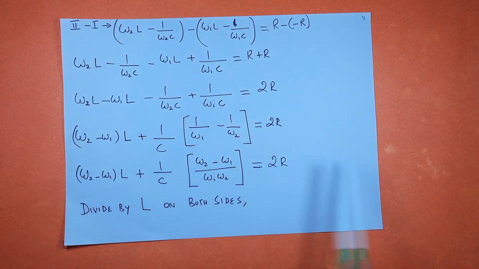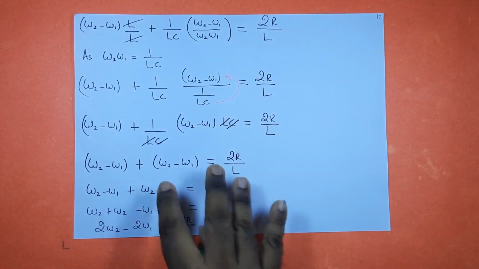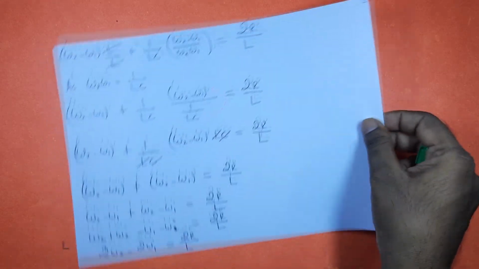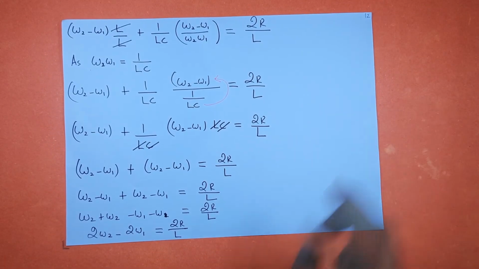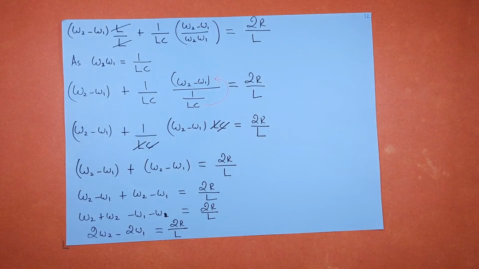So in this equation you divide by L on both sides. So you get (omega 2 minus omega 1) L divided by L plus 1 by C into (omega 2 minus omega 1) divided by omega 2 omega 1 equal to 2R divided by L. So this L and L get cancelled.